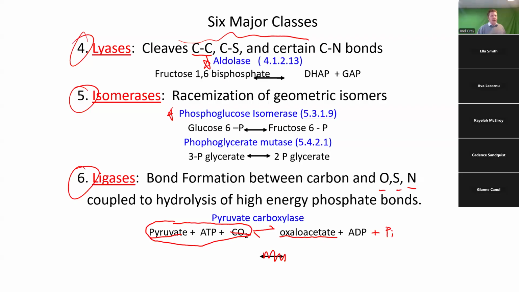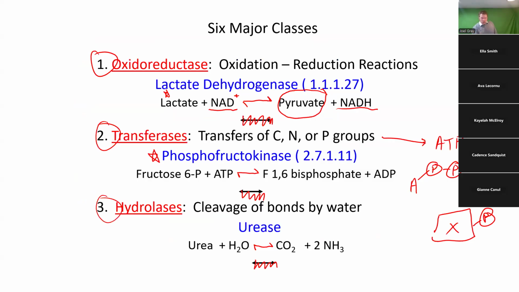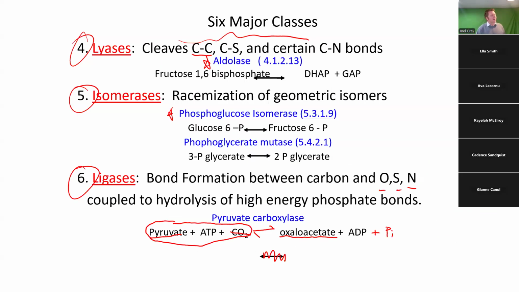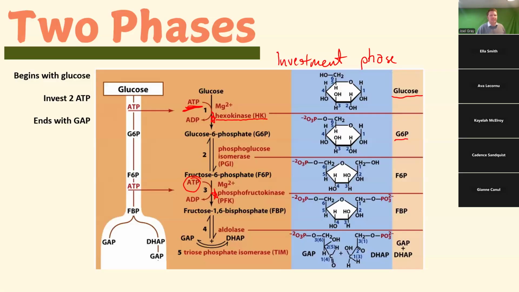Now I want to take you back here and just look at these numbers. Oxidoreductase for 1, 2 transferase, 3 hydrolase, 4 lyase, 5 isomerases, and 6 ligases. Okay. Now, if we've got ATP as one reactant, and then we have ADP as one product, then our other reactant is glucose, and our other product is glucose plus a phosphate.